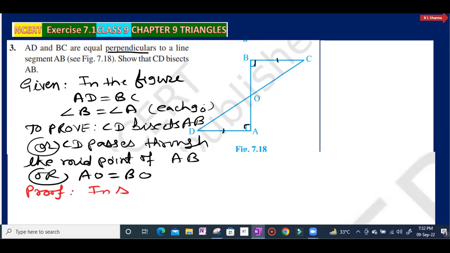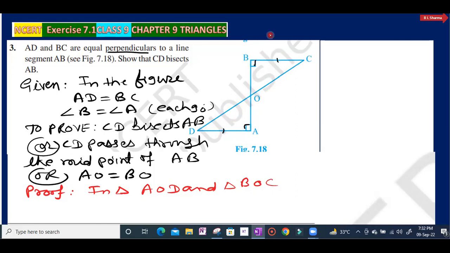इन ट्राइंगल AOD and ट्राइंगल BOC. देखिए ये ट्राइंगल AOD, triangle AOD and triangle BOC. Triangle BOC. What is given? First we write.